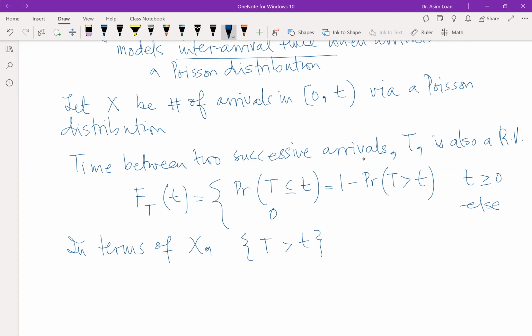T is the time between two successive arrivals, and x is the number of arrivals in 0 to t. So if T is greater than t, what is this in terms of x? This implies x is equal to what?